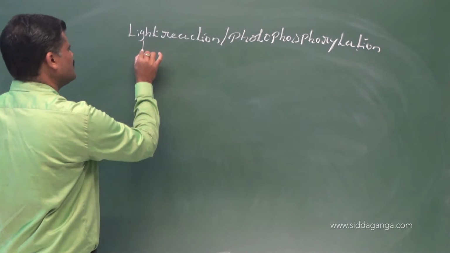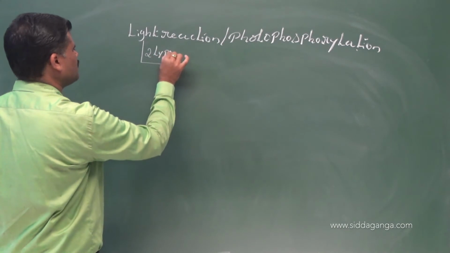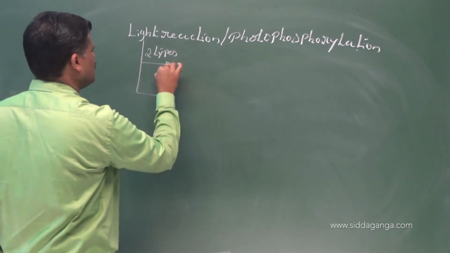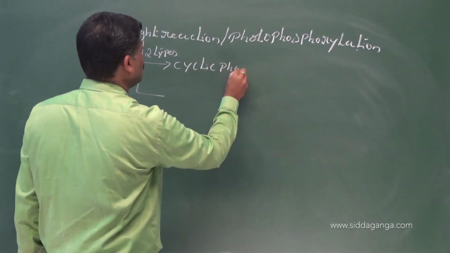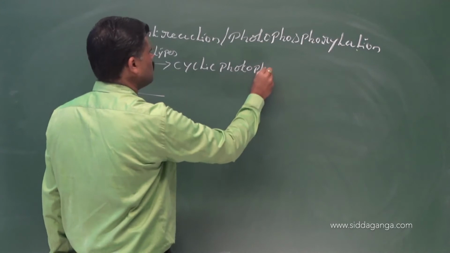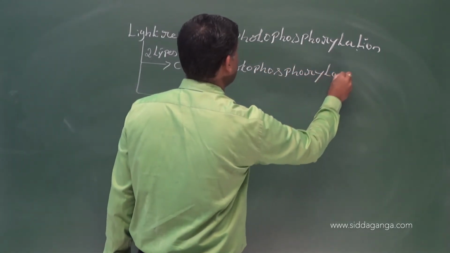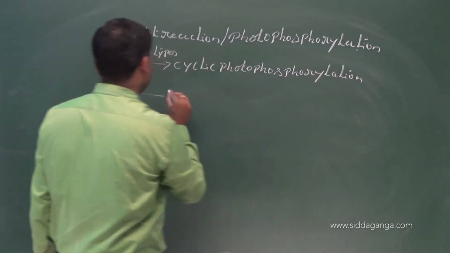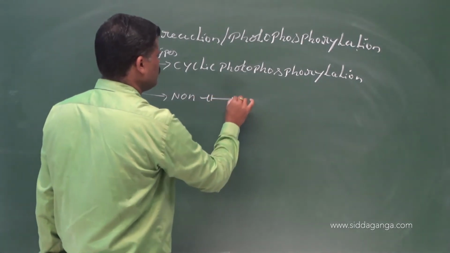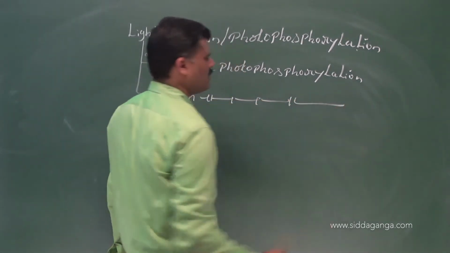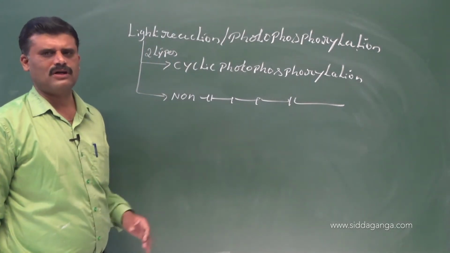Light reaction is once again divided into two types: cyclic photophosphorylation and non-cyclic photophosphorylation.